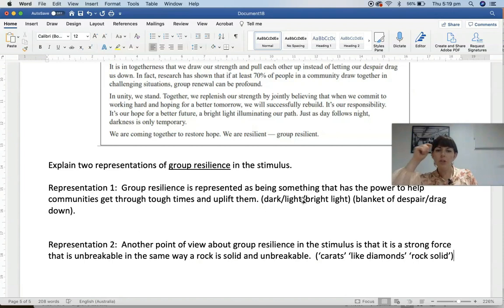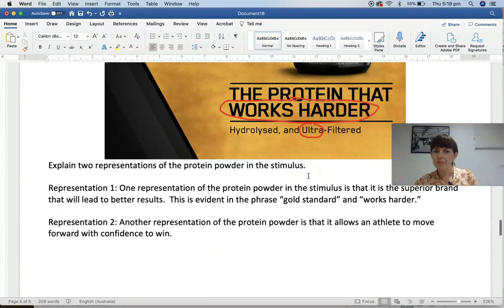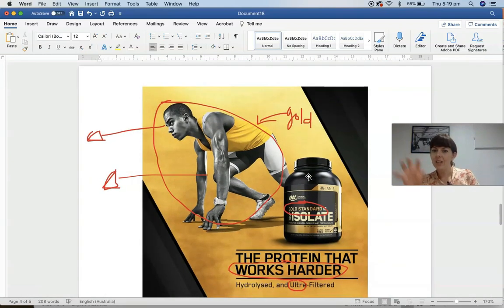Remember, the author is choosing every word to influence meaning, to invite you to think a particular way. Just like the protein ad is choosing images, words, colors, body language to send a message or a representation.